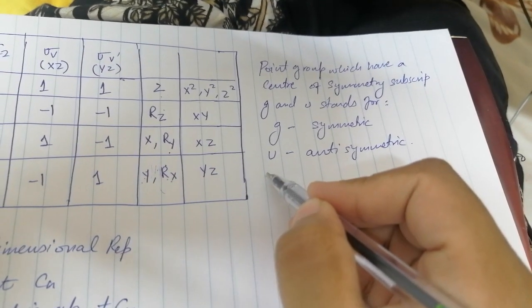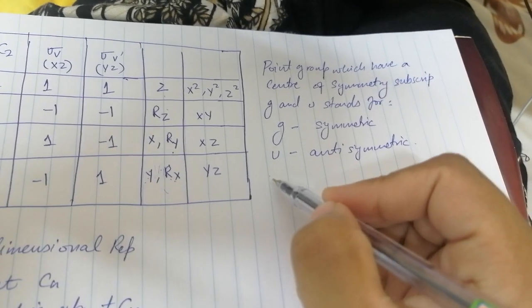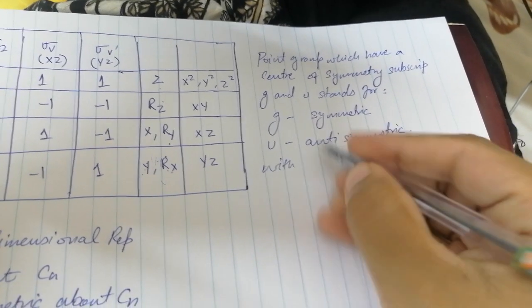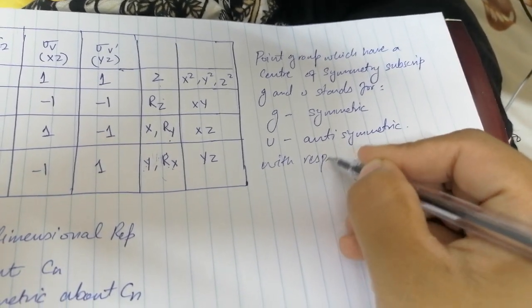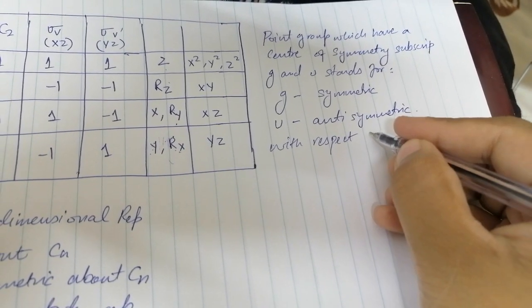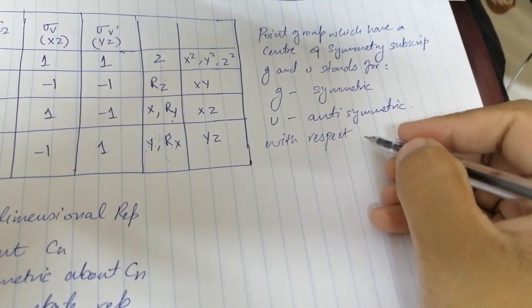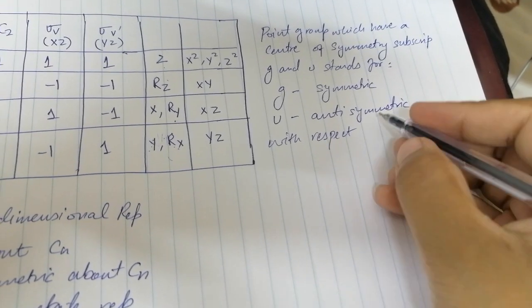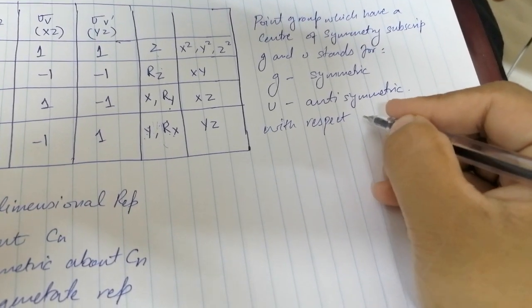This is with respect to an inversion. So when they use the g and u subscripts in the character table, they are always talking about the inversion.